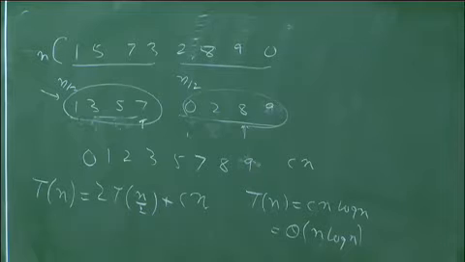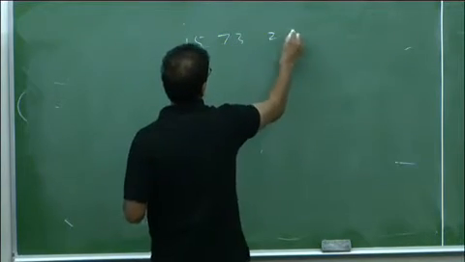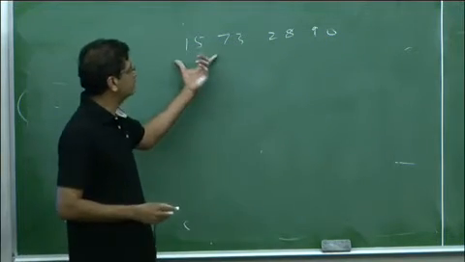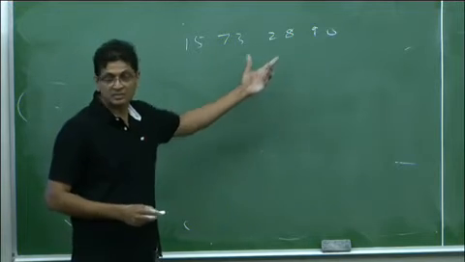Now, just to give you a quick idea of how the recursion is actually working out, I will go over this example a little bit more carefully. Suppose we have the same example 1 5 7 3 2 8 9 0. We needed to sort this one and sort this one.